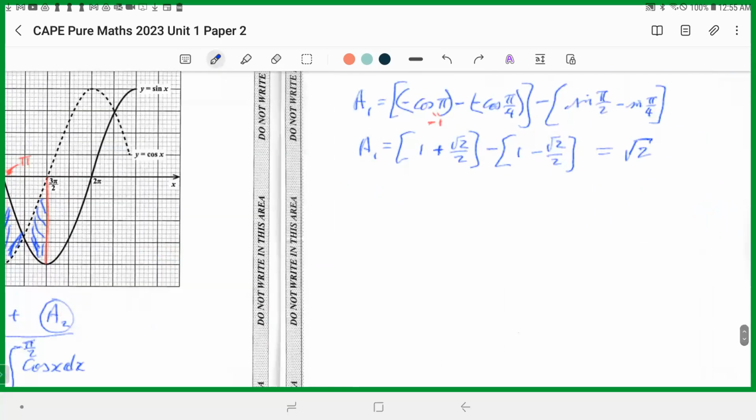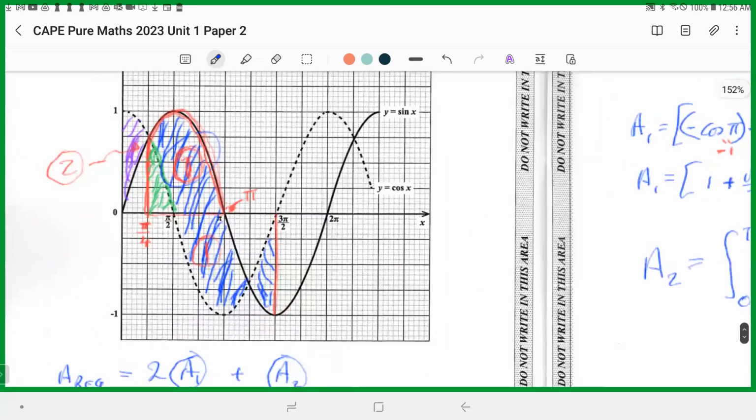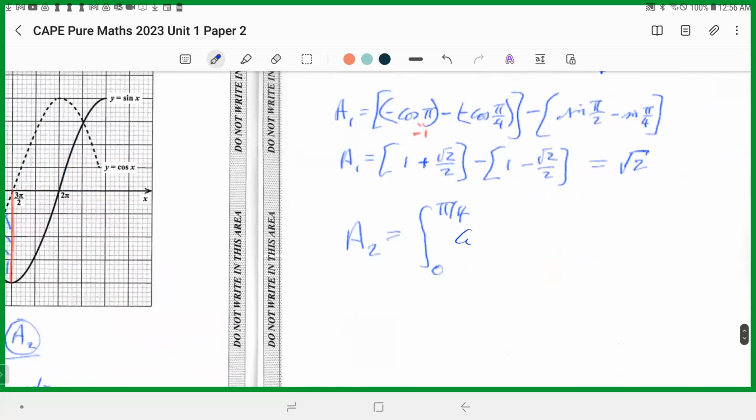So area 2 is the integral between 0 and pi by 4. Which graph is on top? The cos graph, right? Of cos x dx minus the same region, same interval, 0 to pi by 4, of the sine x graph dx.